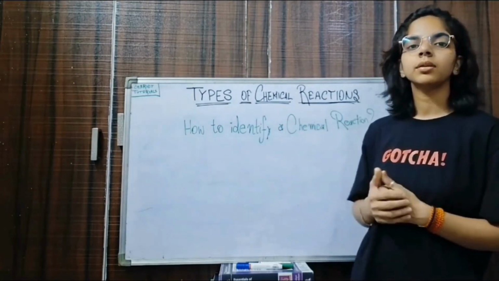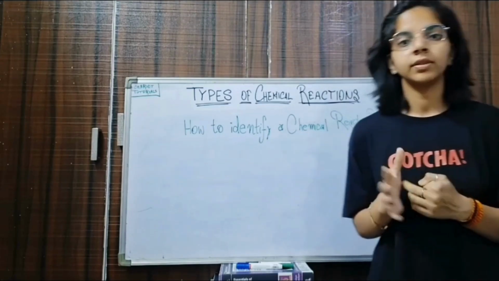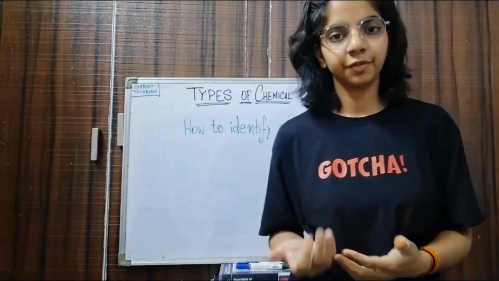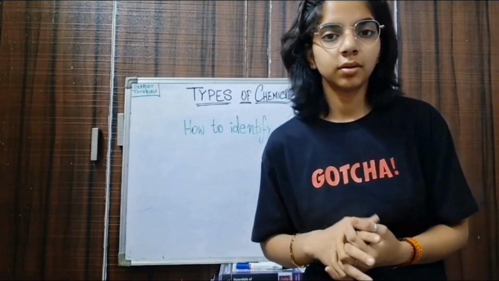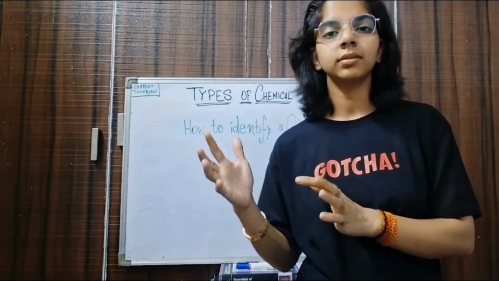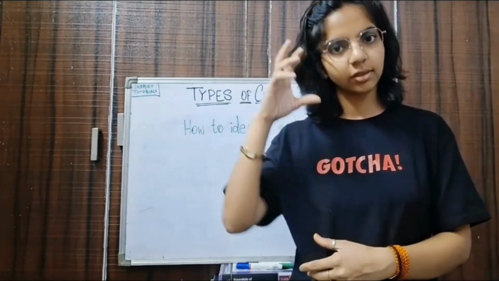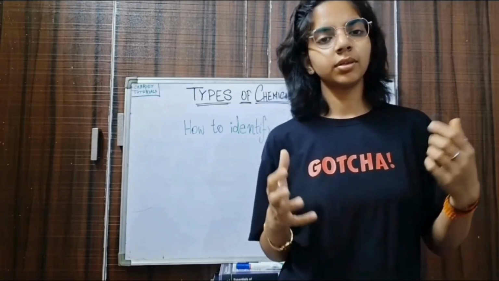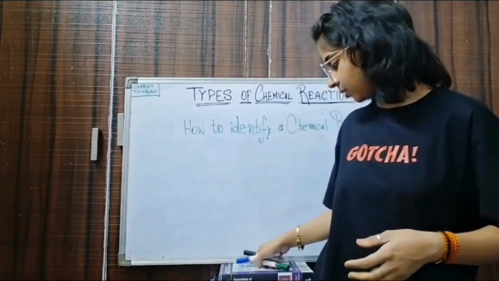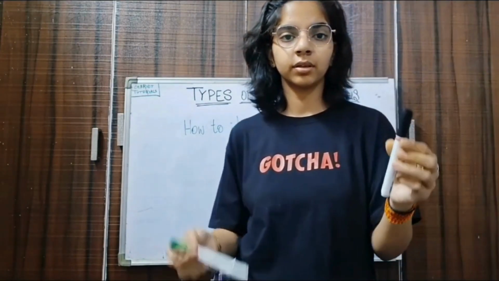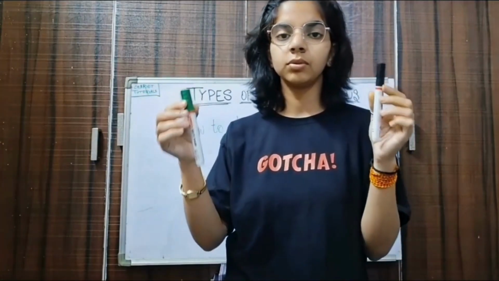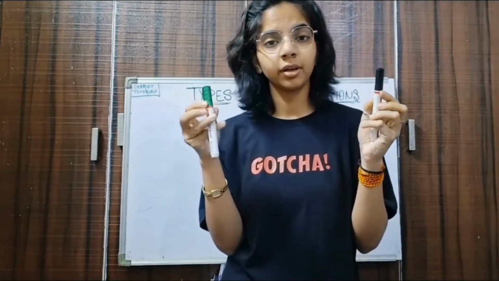So now we are going to see there are always some physical identifications whenever a chemical reaction takes place. Along with the chemical changes, some physical changes also take place. Because as a product, as we have taken the example earlier, that this black marker was converted into green marker. So how did we come to know that a chemical reaction has taken place?